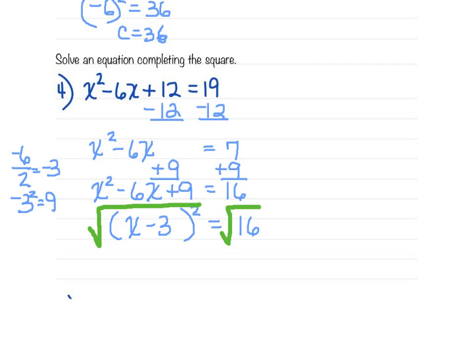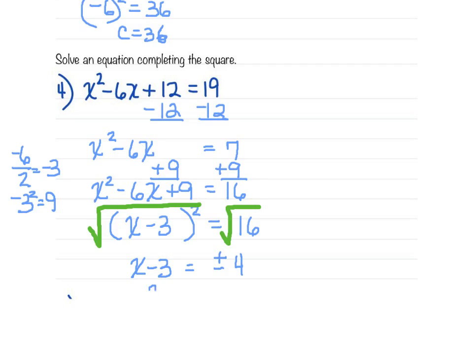So here, x minus 3 squared, the square root of that would be x minus 3 equals, and then radical 16 is positive or negative 4. Okay, so now we need to subtract 3.